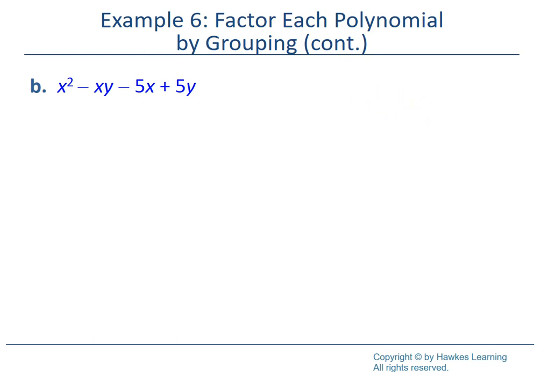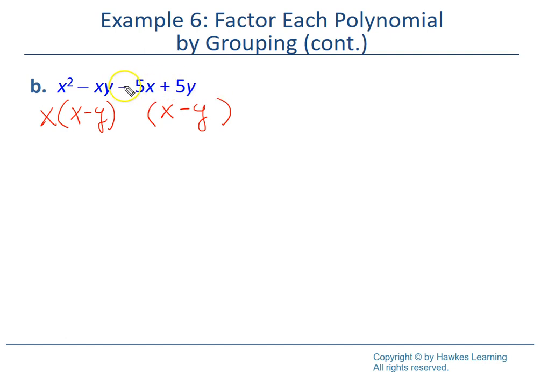Okay, let's try this one. So I can see I can take an x out of these first 2 terms, and I get x minus y. Now I'm looking for an x minus y out of these last 2 terms.